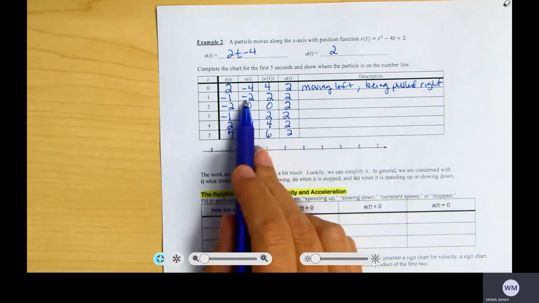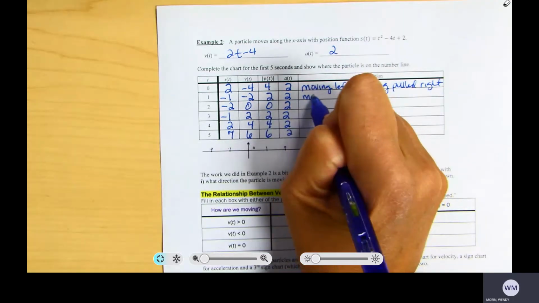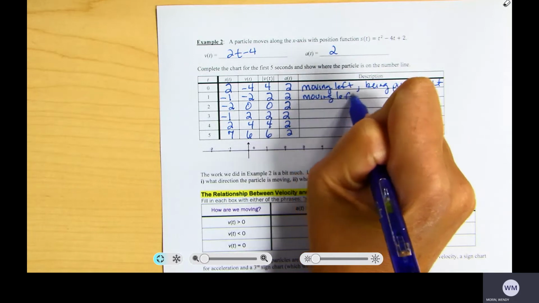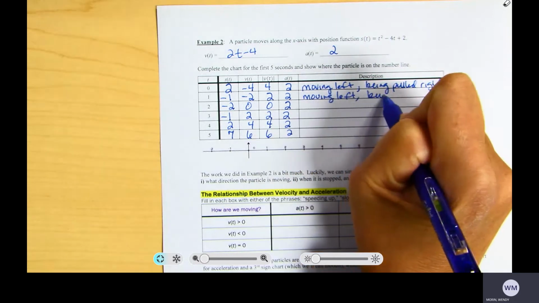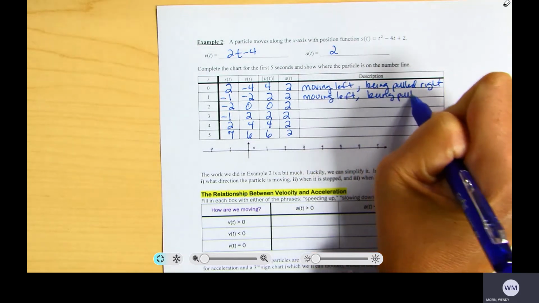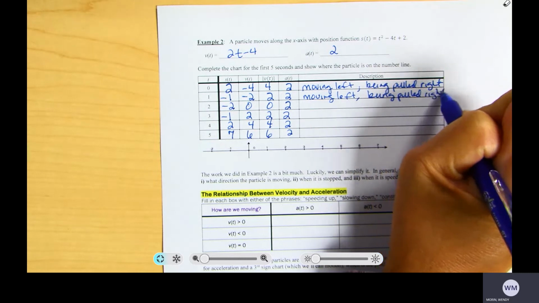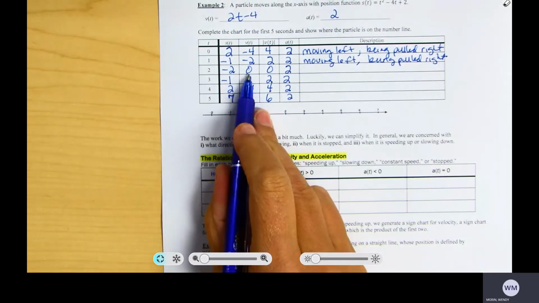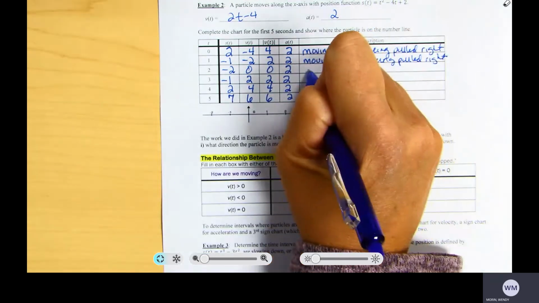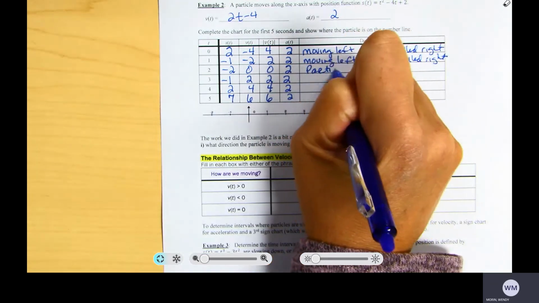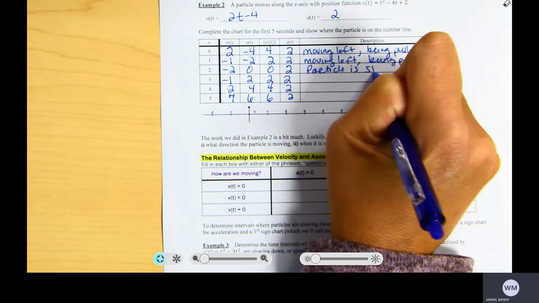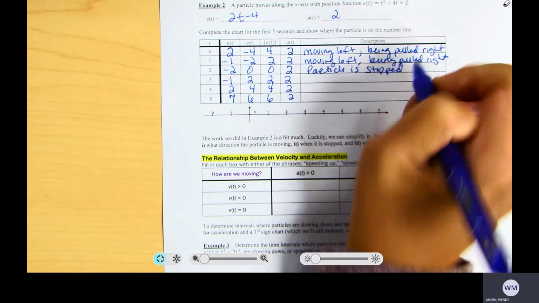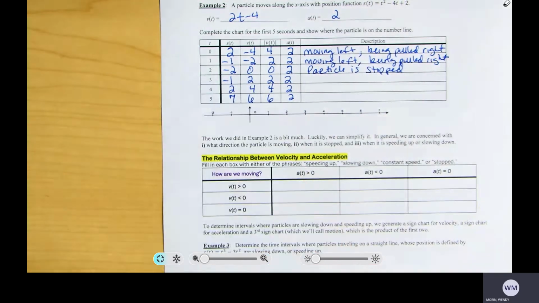But this one, same thing? Yep. Moving to the left, being pulled right. How about this one? The particle is stopped. At that moment, the particle is stopped.